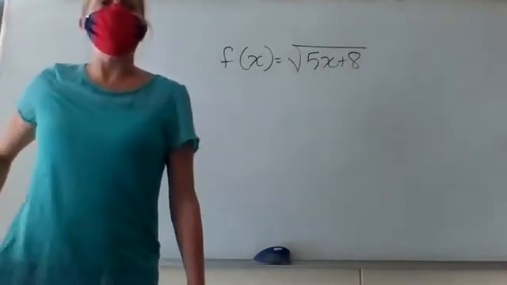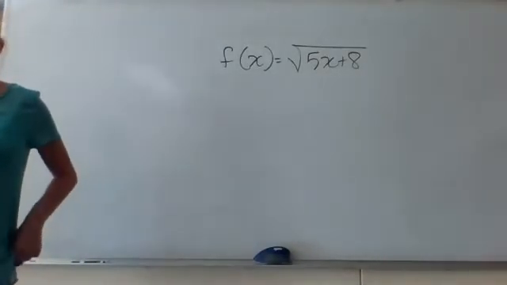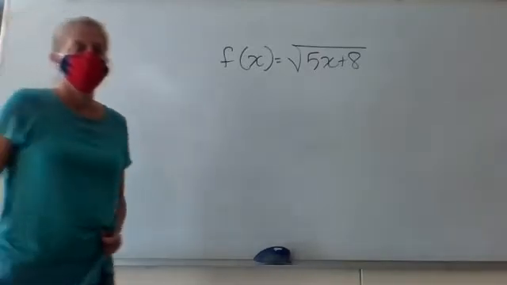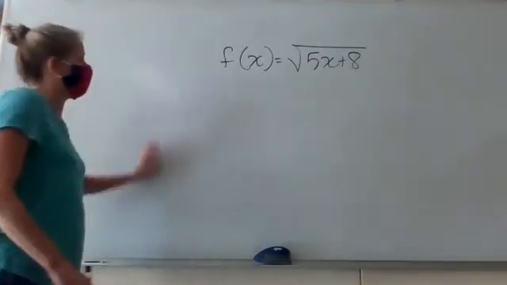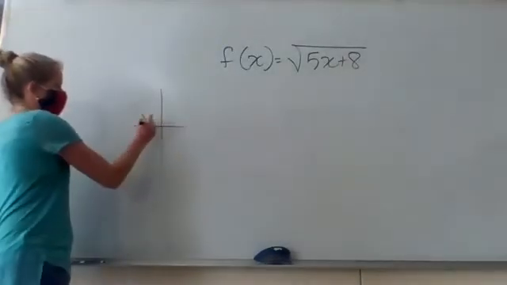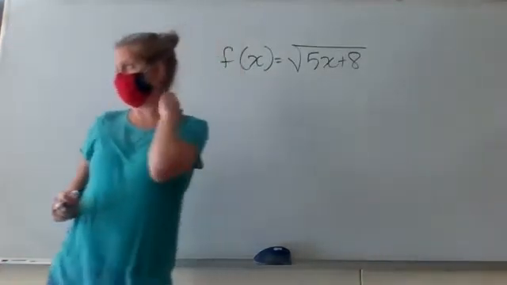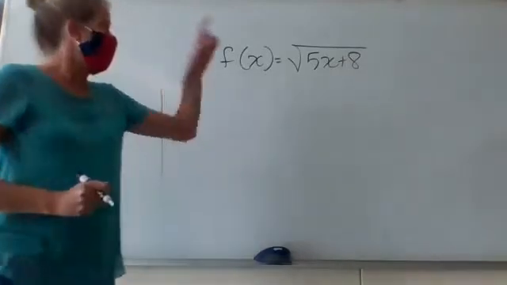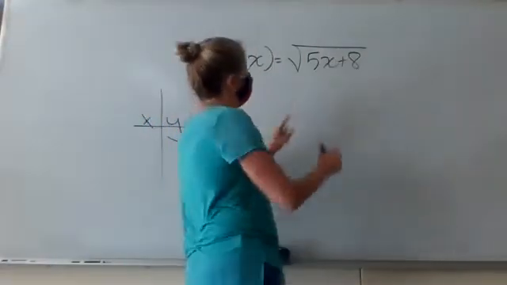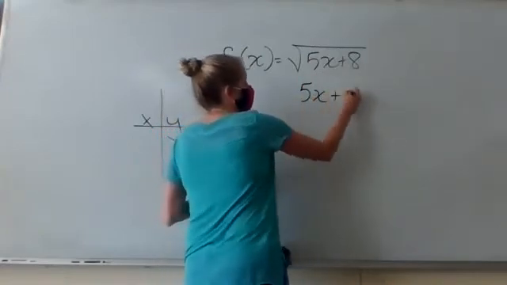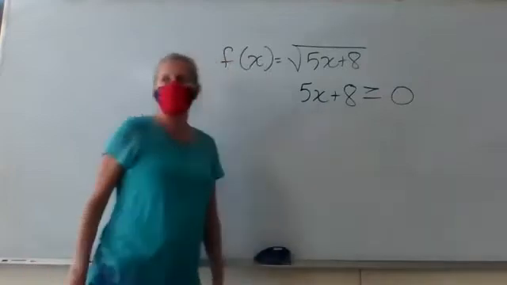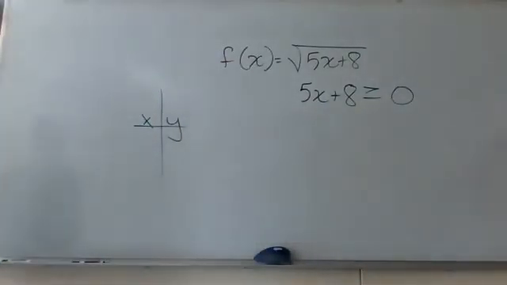And it wants me to find the domain of this function, which means if I am making an XY chart to plot different numbers to plug in for x to give me a y, so I'll have points to plot on the XY graph, I want to make sure that I'm not going to get an error message, because 5x plus 8 needs to be greater than or equal to 0, right? If it's not, then it's negative and it's not going to work. So whatever is under the square root, set it up as an inequality, greater than or equal to 0, to solve it.